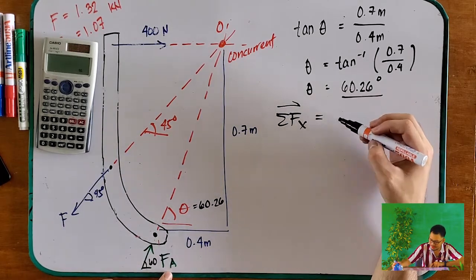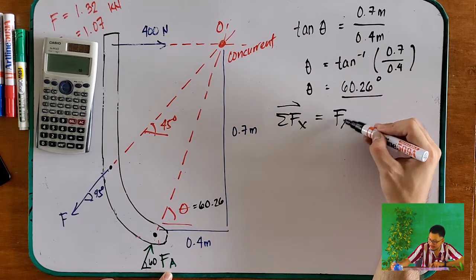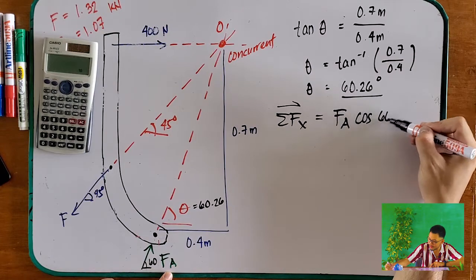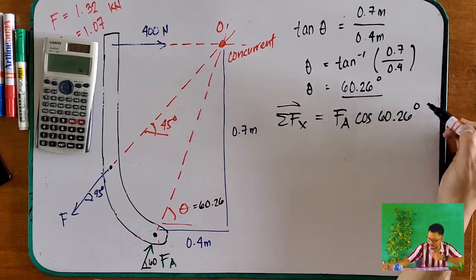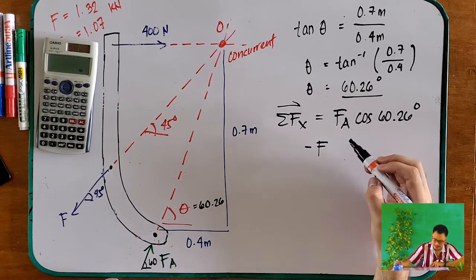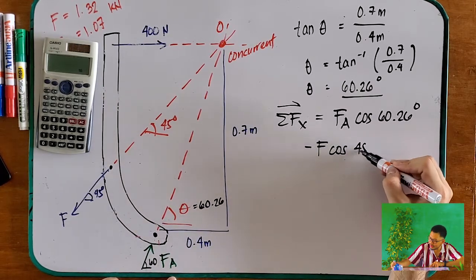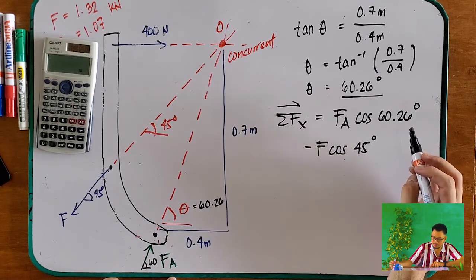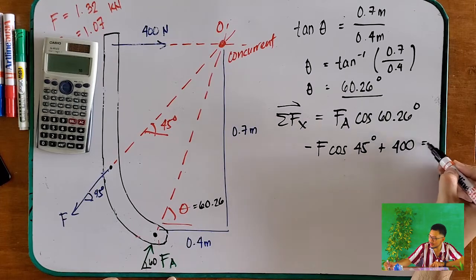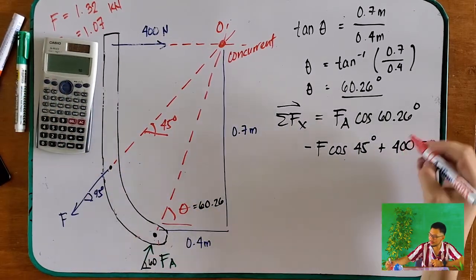So FAX is FA cosine of 60.26 degrees minus F cosine of 45 degrees plus 400 equals 0. This is your first equation.